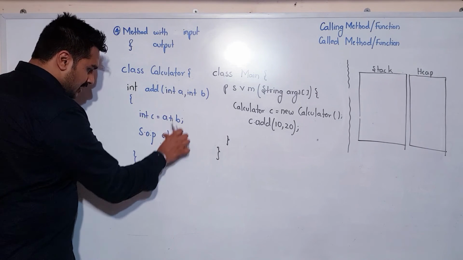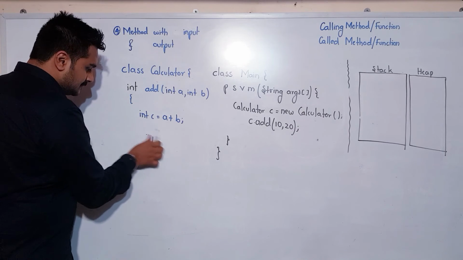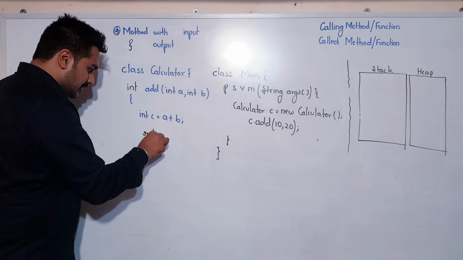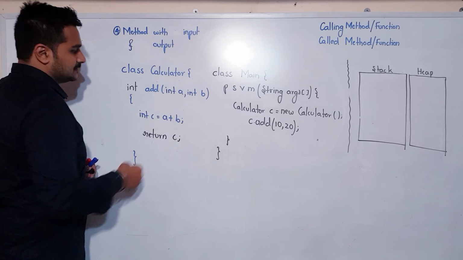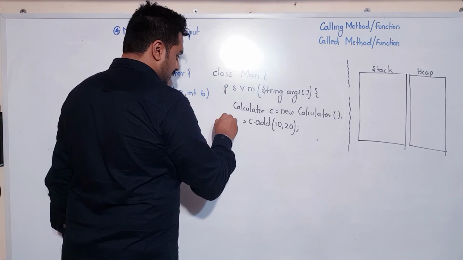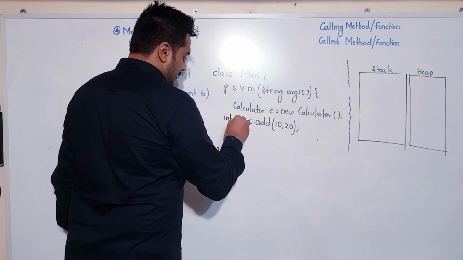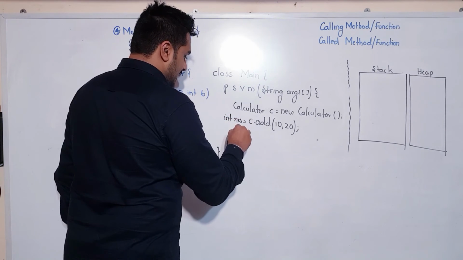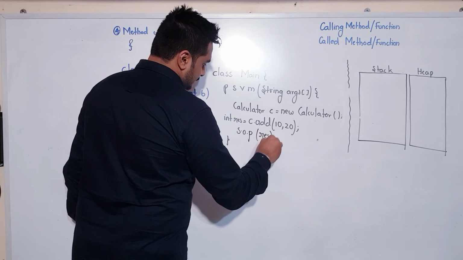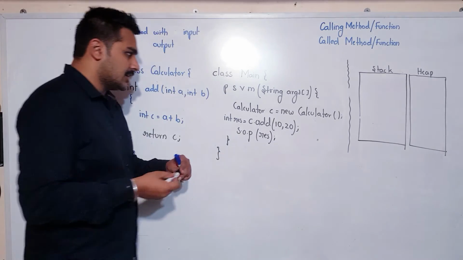Remove this system.out.println, tell it as return C, and to this associate one variable, result, and later on this is the code for it.